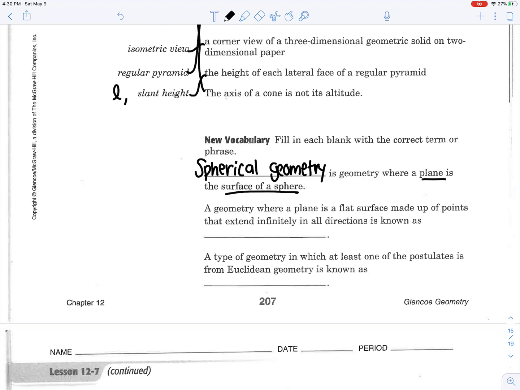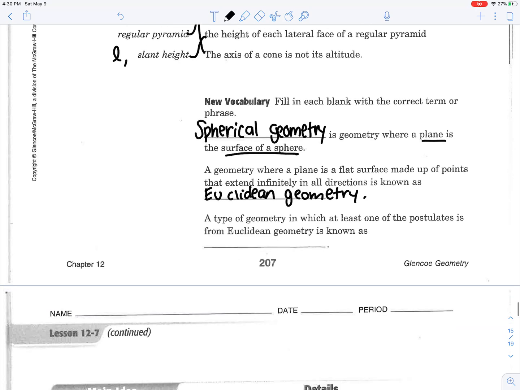A geometry where a plane is a flat surface made up of endpoints that extend indefinitely in all directions is known as Euclidean geometry. A type of geometry in which at least one of the postulates from Euclidean geometry is not true is known as non-Euclidean.